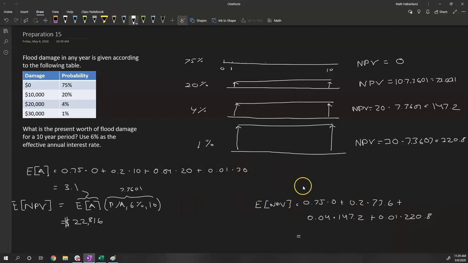And we get the same answer as before, 22.816 thousand dollars. So I'll turn that point into a comma. Same answer either way.